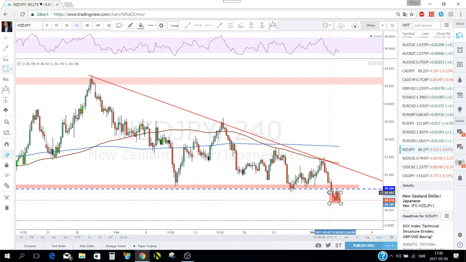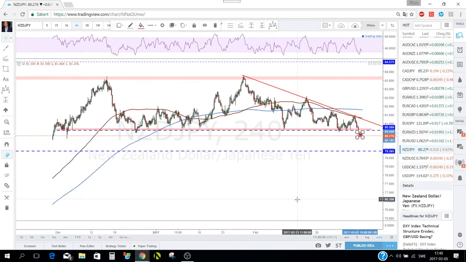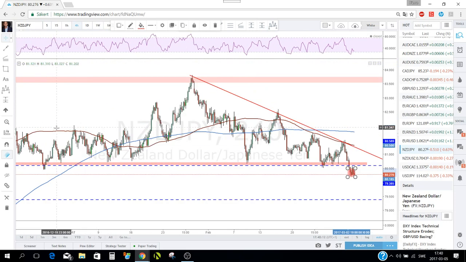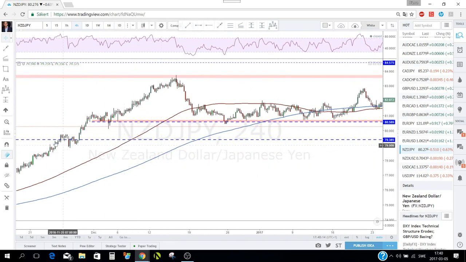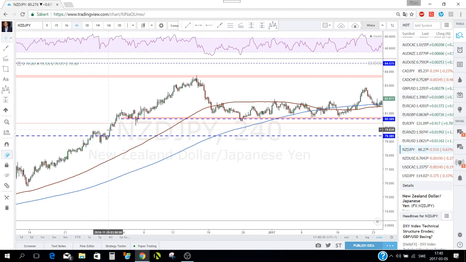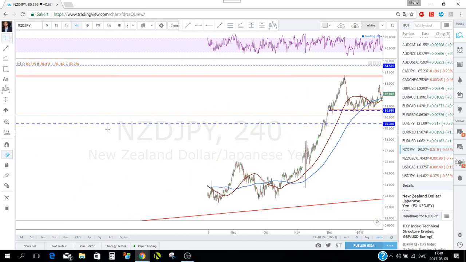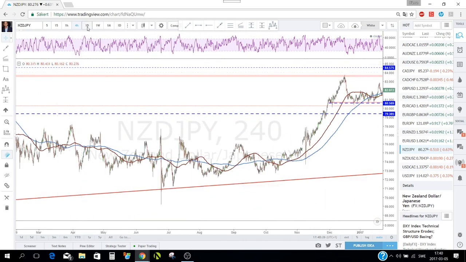This is the 4 hour back down here, we do have this little structure here, as you see, this pin bar and this structure that may be why price is holding.